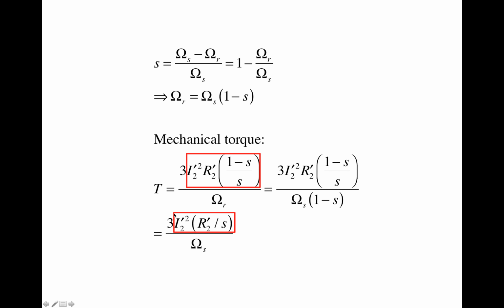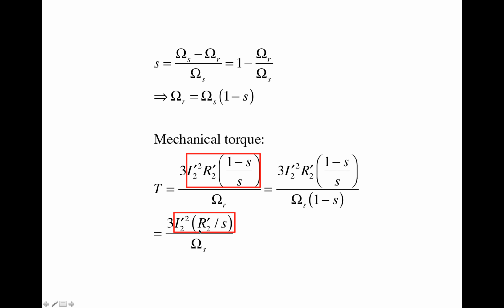So this term inside of this red box is actually the active power that goes across the air gap from the stator to the rotor. And then we divide this power, of course multiplied by 3 because it's three phase, by the synchronous speed. The synchronous speed is the rotational angular speed of the rotating magnetic field, that's omega s.